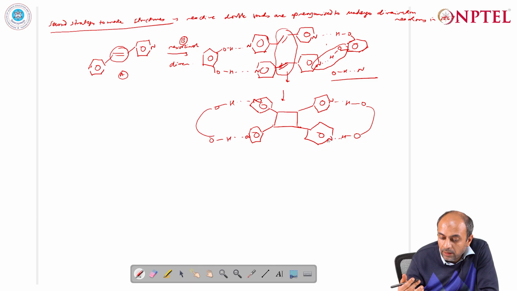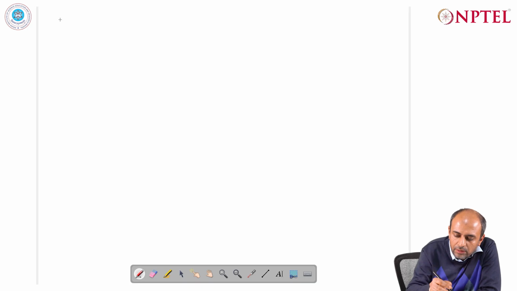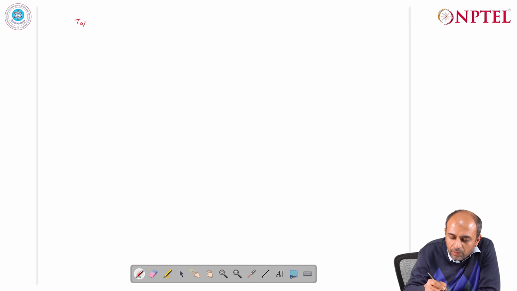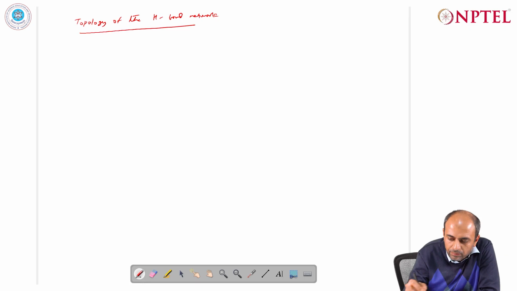And today there are a large number of reports on co-crystals and polymorphism, which we will discuss more in the lectures following next week. Now, once these hydrogen bonds have been formed in the solid state, the next thing we would like to discuss is the topology of the hydrogen bond network.